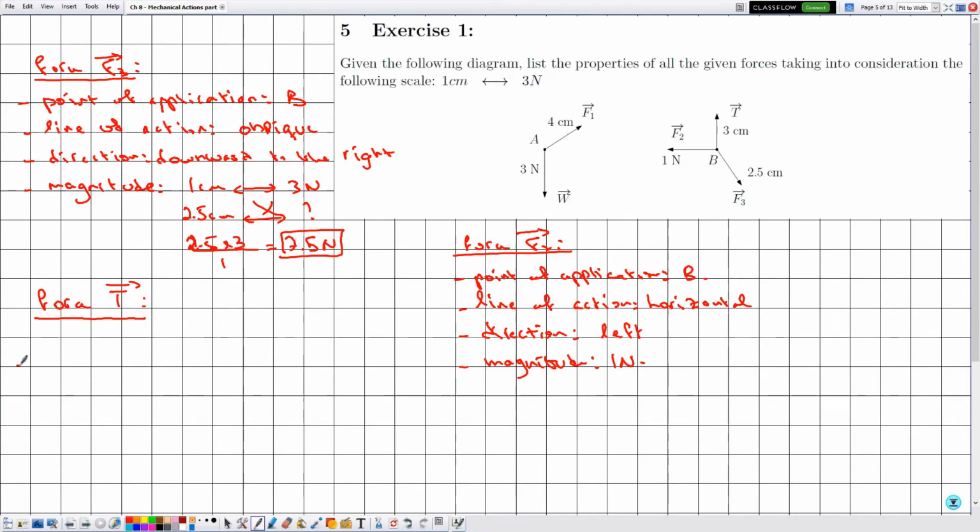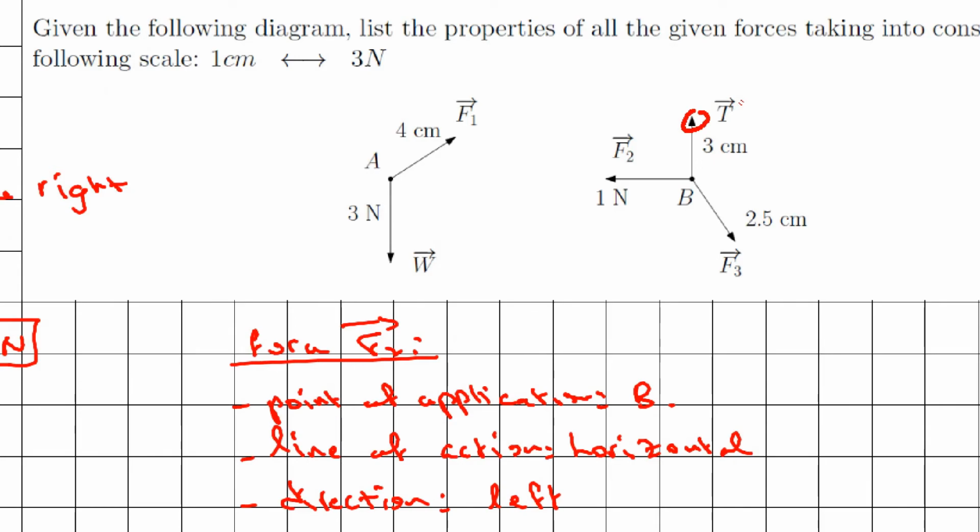So the point of application. The point of application in this case is given by the point B. The line of action, in this case, is given by vertical. Now the direction. The direction in this case is given by upward.